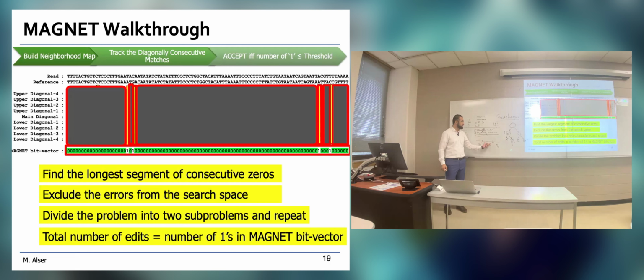This is the longest number of zeros in one segment. And then exclude a column from here, a column from there, and then detect this subproblem separately, solve this. This will be solved first, this is second, and that is third, right?